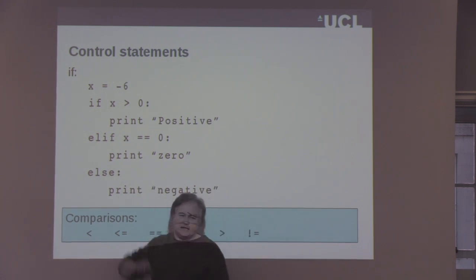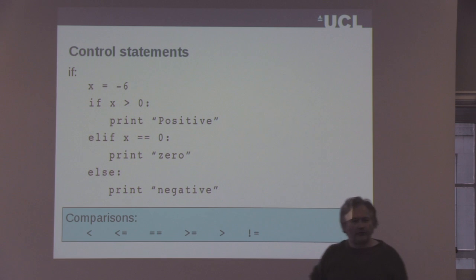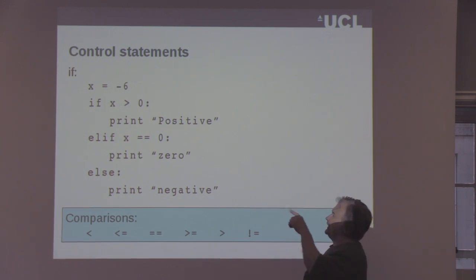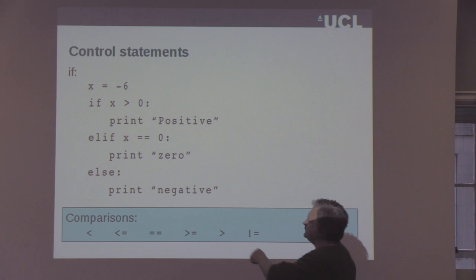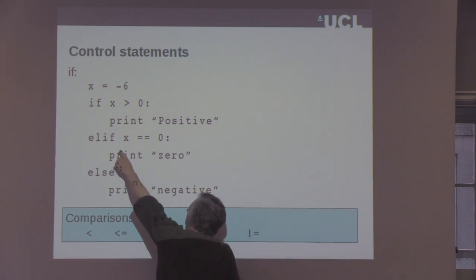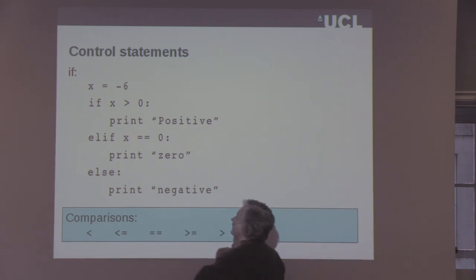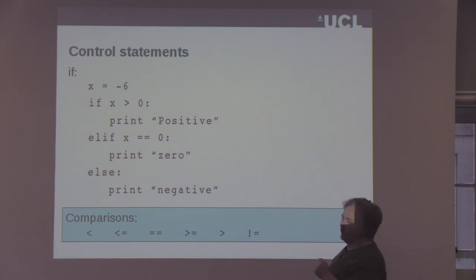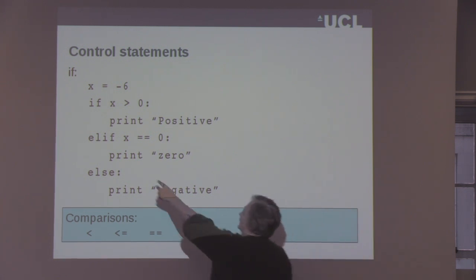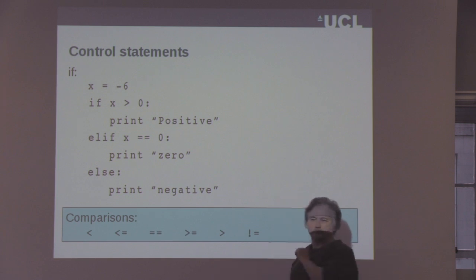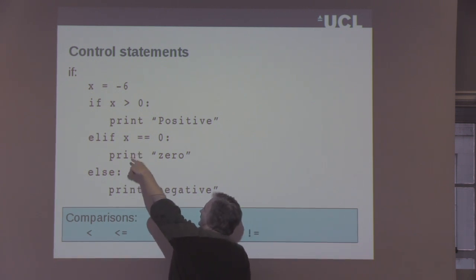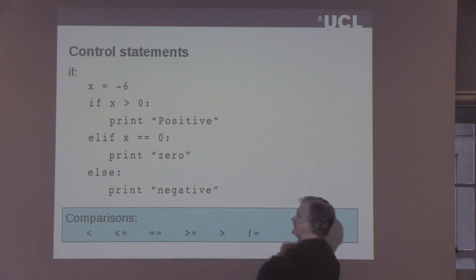And then elif is short for else if. So in other words, if x is not greater than 0, but if it is actually 0, so we use two equal signs for a test. One is an assignment, two is a test. Print 0. Else, so neither of these conditions is true, print negative.